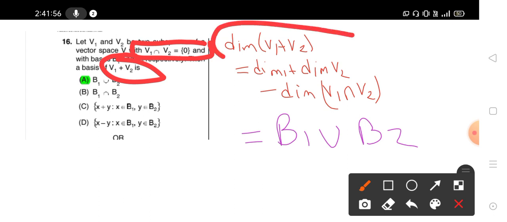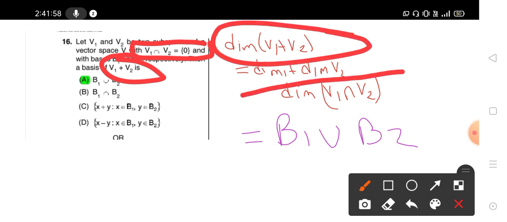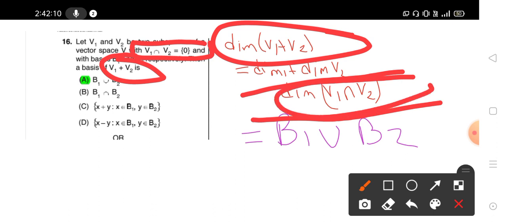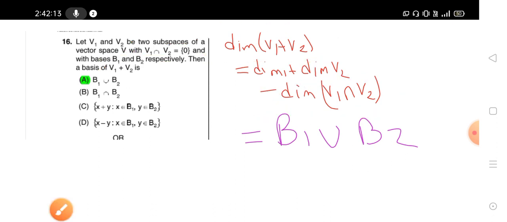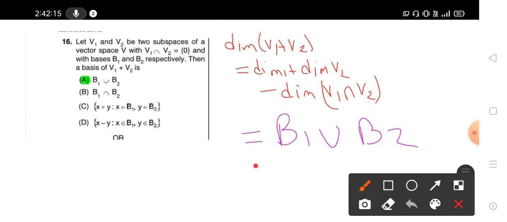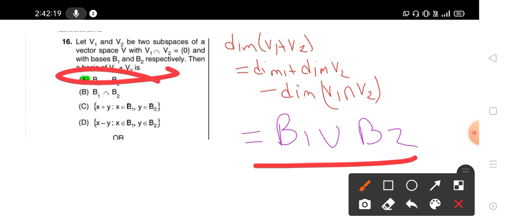Dimension of V1 plus V2 equal to dimension of V1 plus dimension of V2 minus dimension of V1 intersection V2. Here given V1 intersection V2 equal to 0. That is dimension of V1 plus V2. Option A is correct.